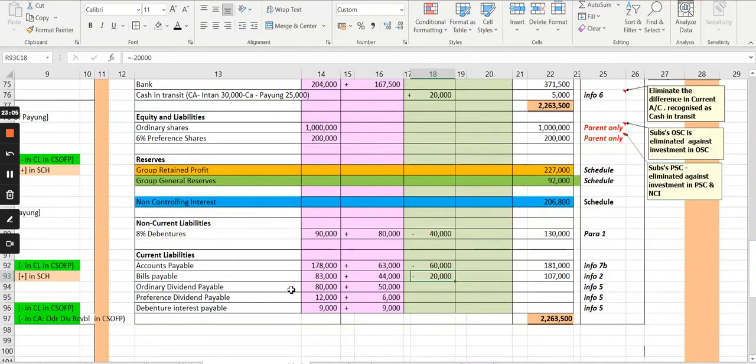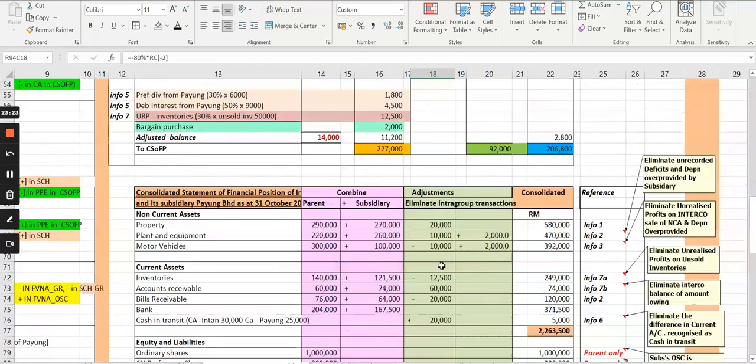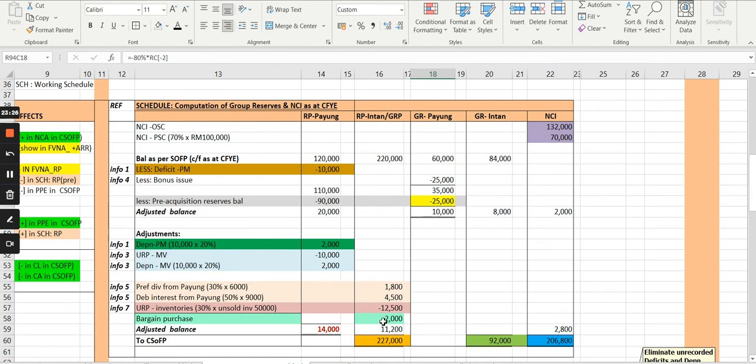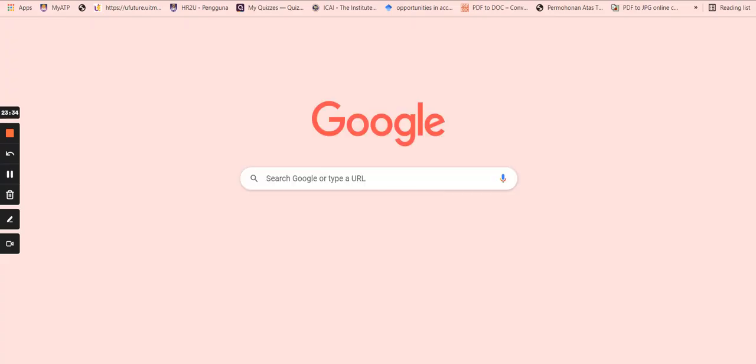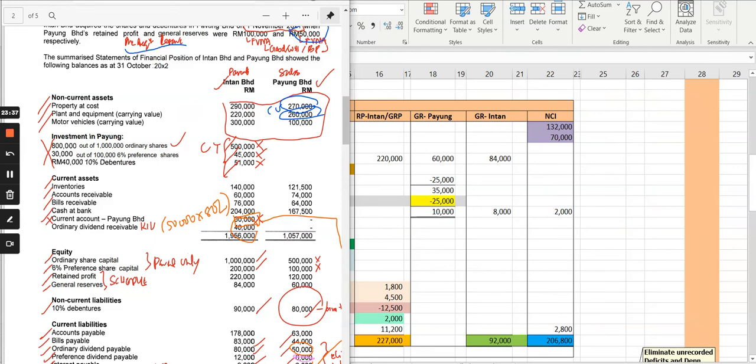Next, the last three, combine the dividend. You can do like what I did here, combine and eliminate all the intercompany transaction. When I say eliminate, we need to go and remove. This 40,000, remember, was the income from the subsidiary that was credited to the parent here, right?